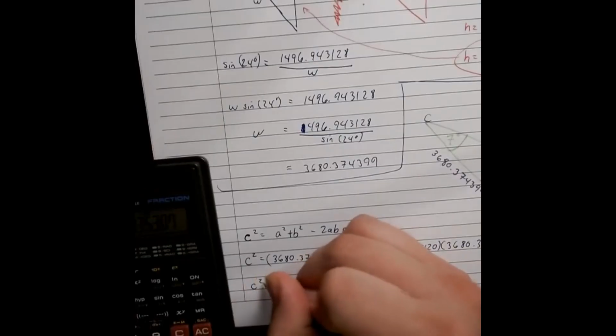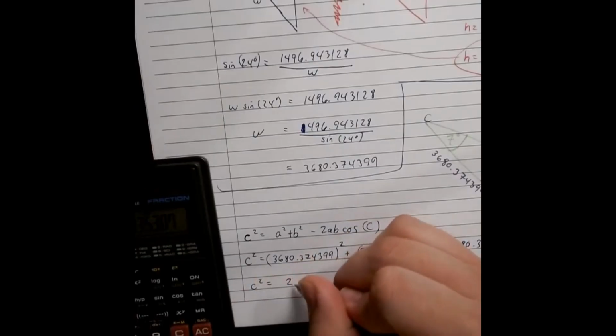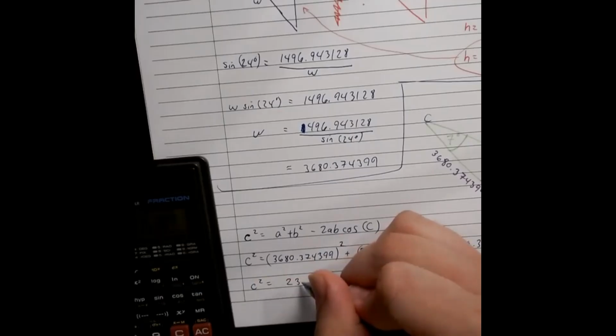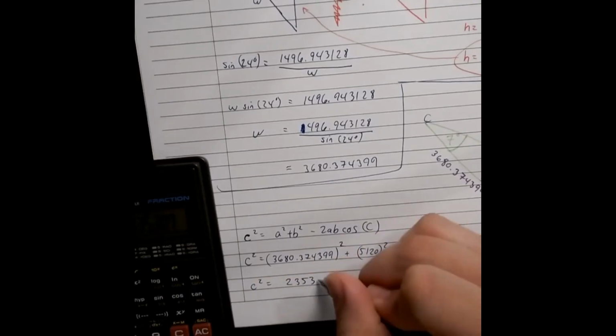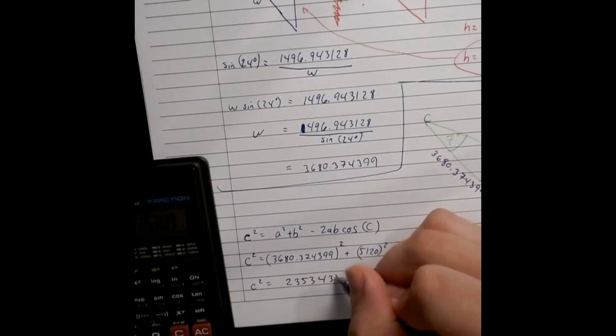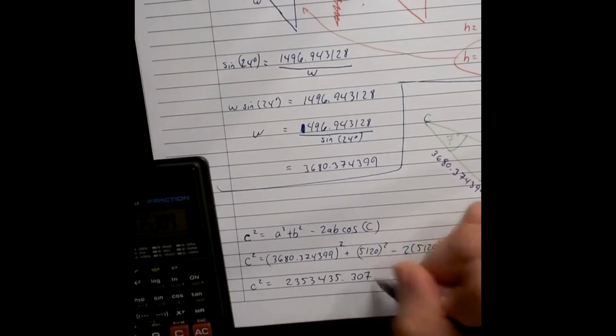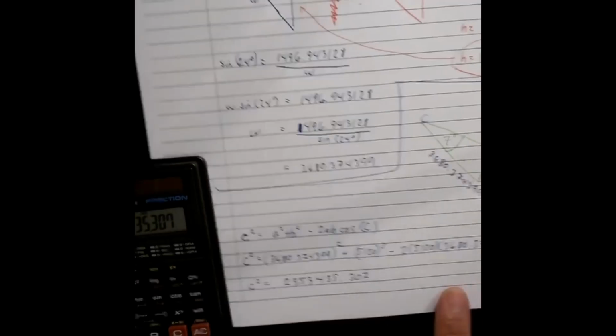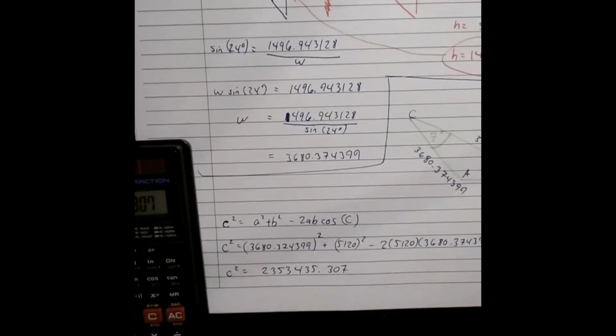So here we get C squared is equal to 2,353,435.307. But then we need to take the square root of both sides.